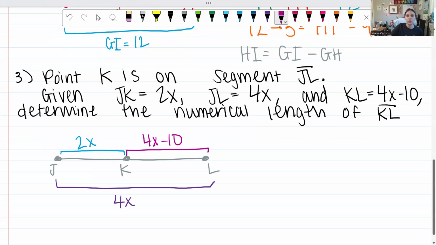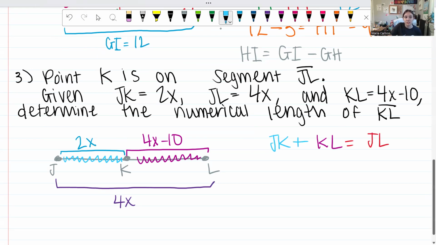So I know that segment JK, right? This one segment I can take and add to segment KL, and that is going to give me the entire length of the segment JL.